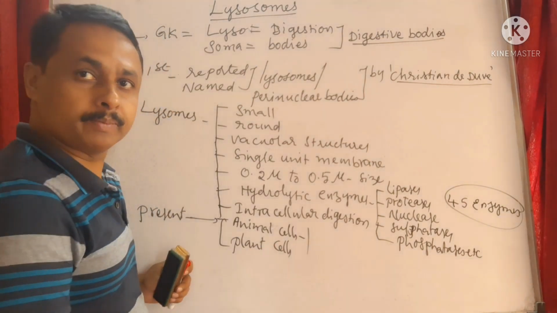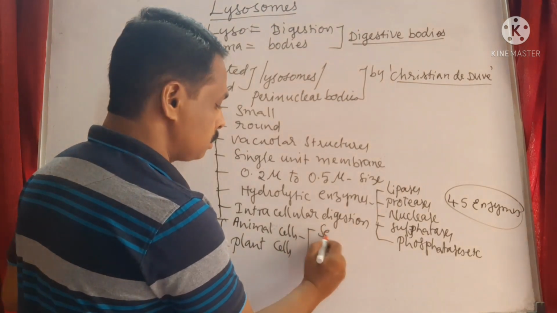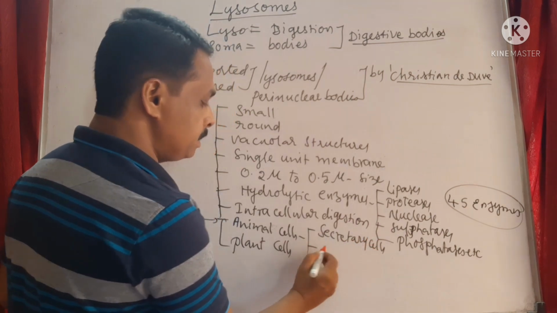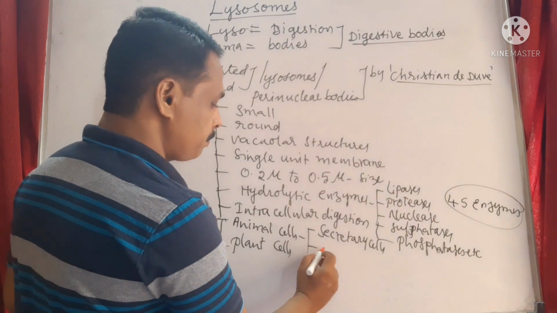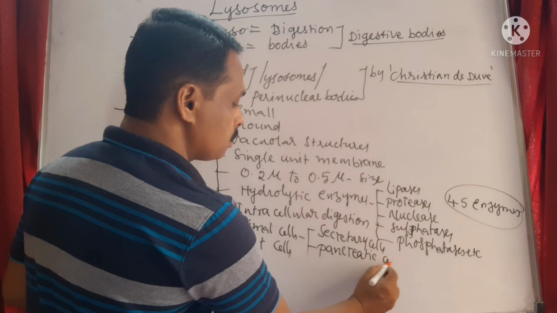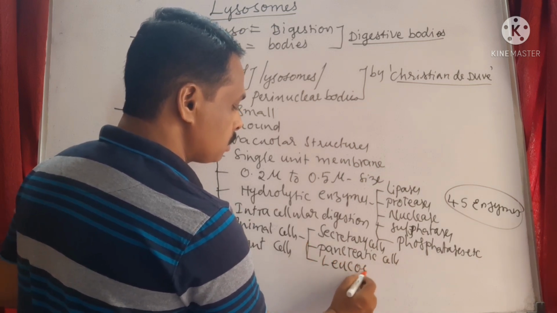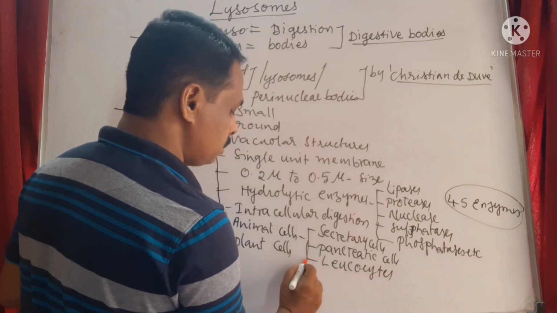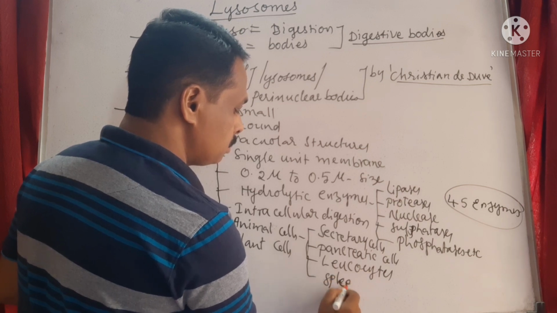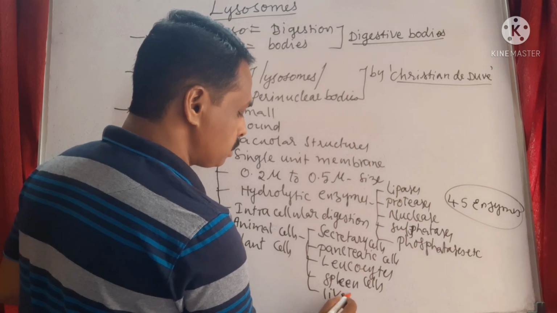Animal cells such as secretory cells, pancreatic cells, leukocytes, meaning white blood cells, spleen cells, and liver cells.